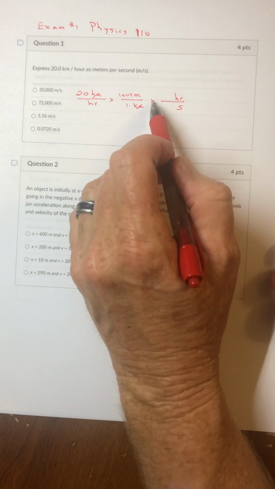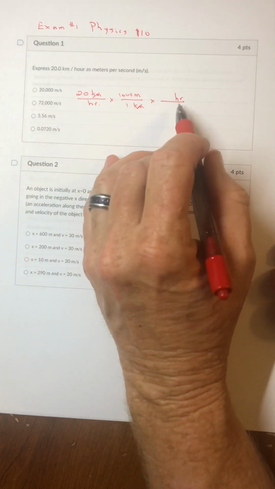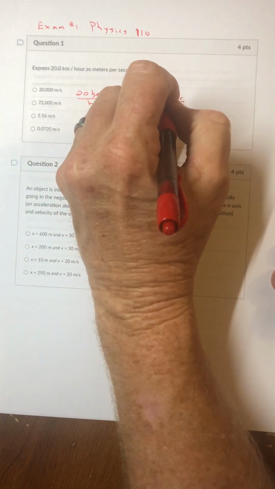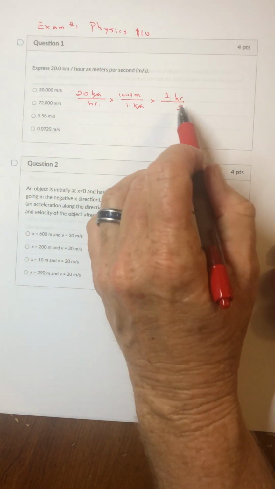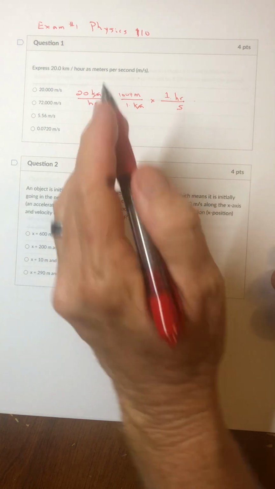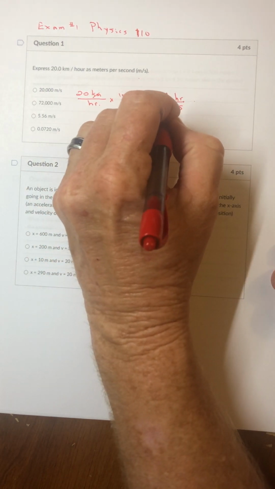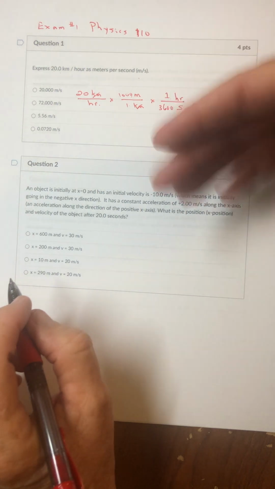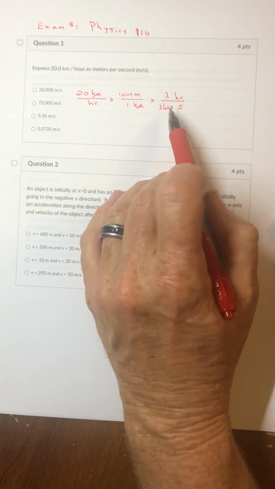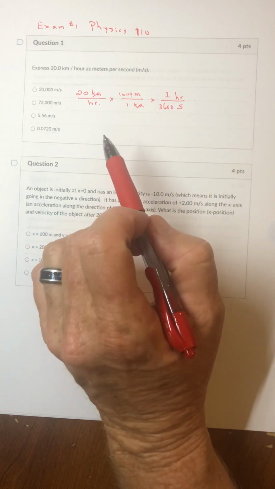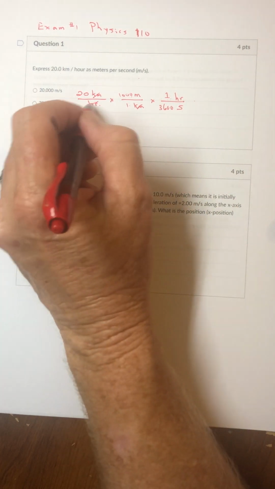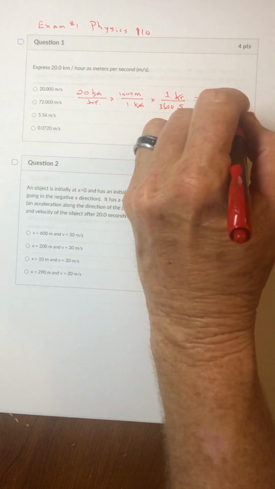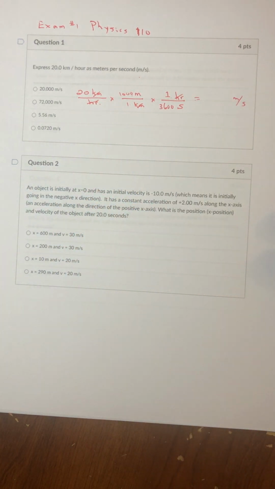We just need to make sure that we're multiplying by a number 1, so what's in the top needs to equal what's in the bottom. I'll call the top 1 hour. 60 minutes times 60 seconds is 3,600 seconds, so 3,600 seconds is the same as 1 hour. You can see how hours would cancel off and you'll be left with seconds. This would give you meters per second.